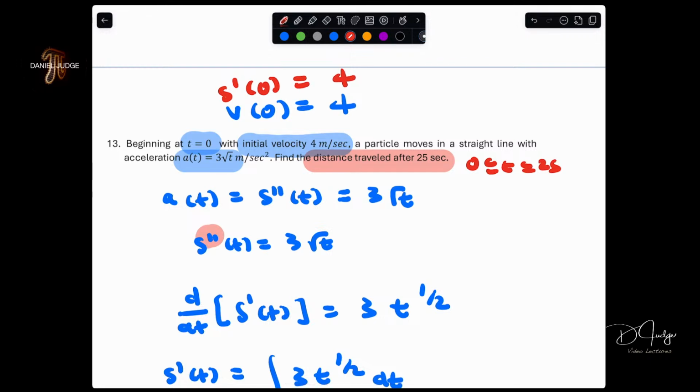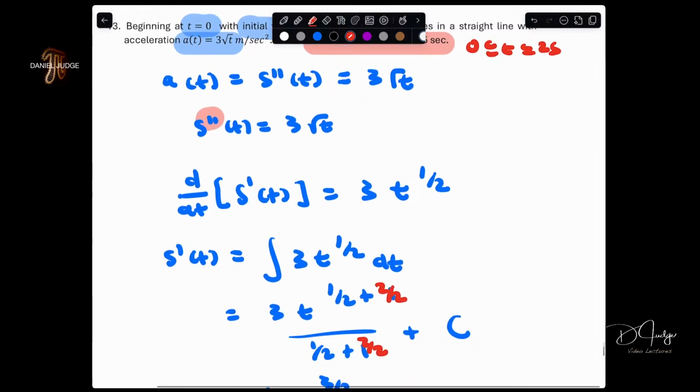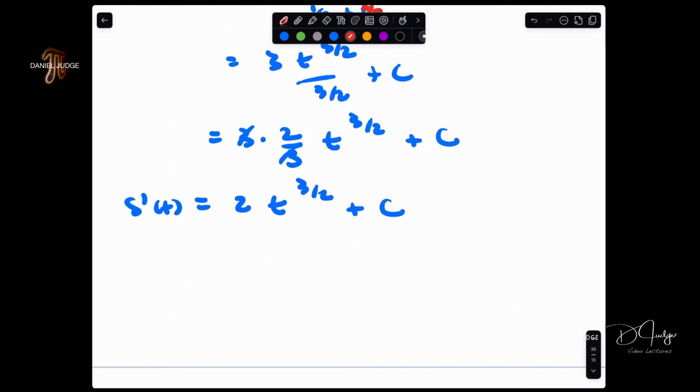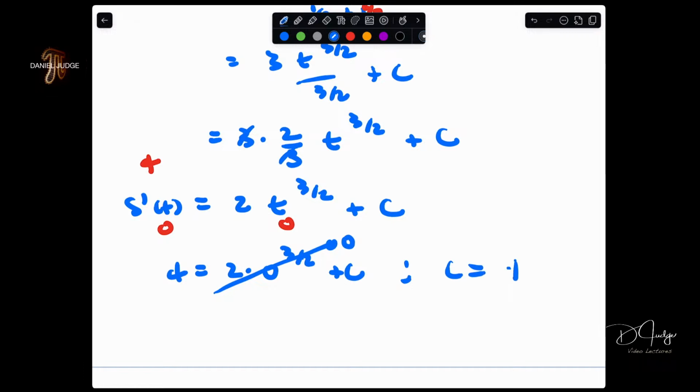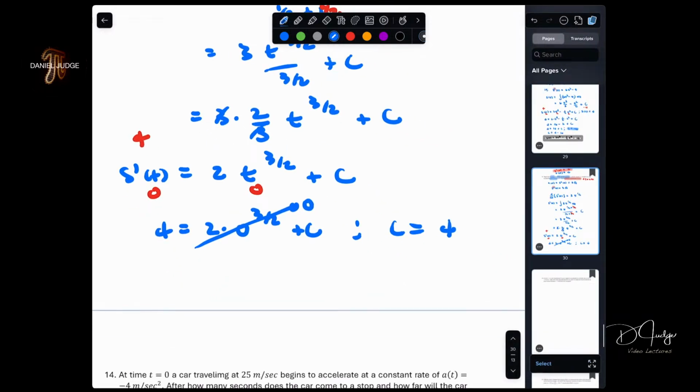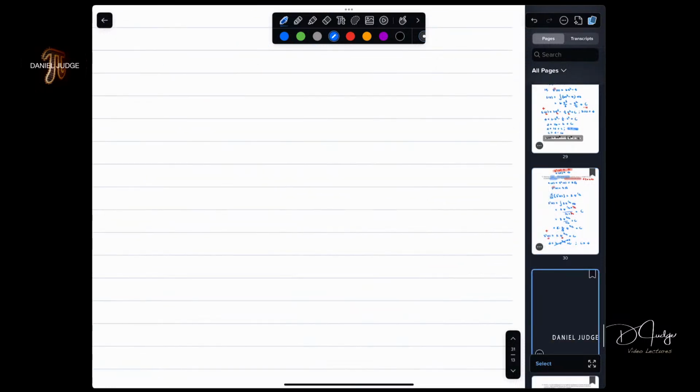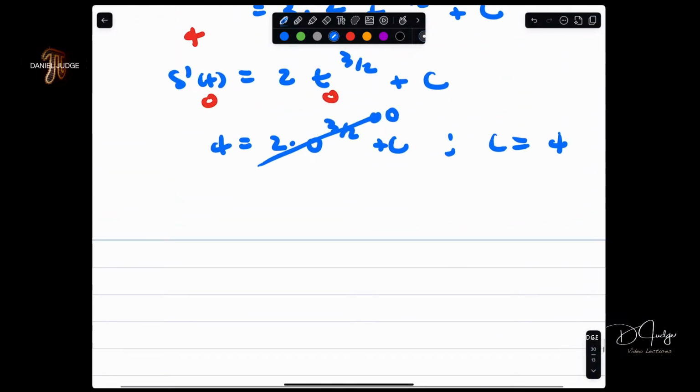So we have to apply the condition to get our constant. 4 is 2 times 0 to the 3/2 plus c. This portion is just 0, so c is 4. S prime of t is going to be 2t to the 3/2 plus the constant of 4 now.